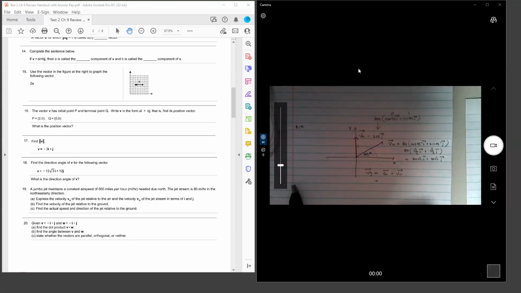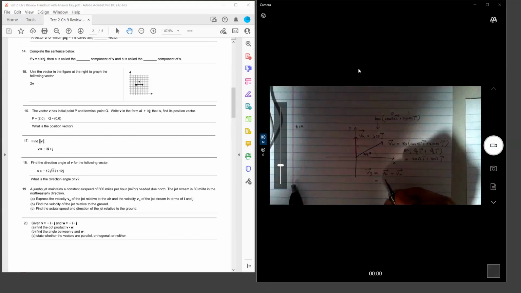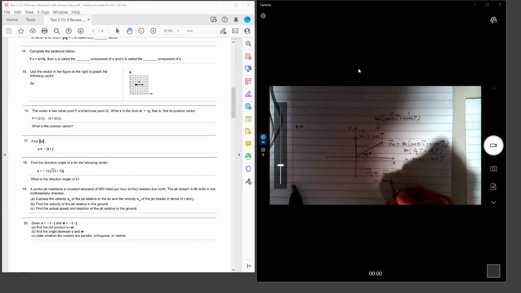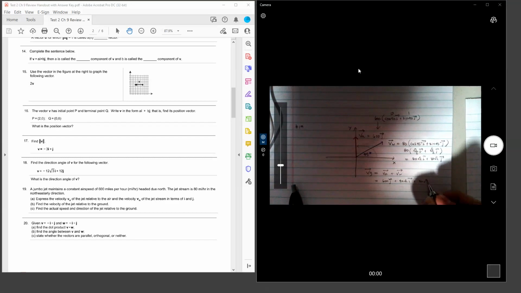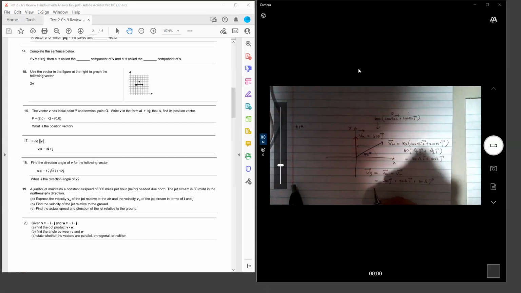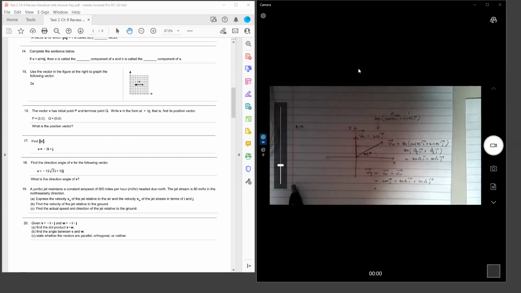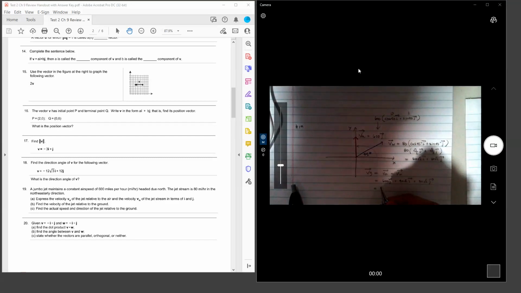That would look like this: 600j plus 40 square root of 2 i plus 40 square root of 2 j. And now I'm going to combine some like terms. I'm going to combine the j terms together. So we get 40 square root of 2 i plus (600 plus 40 square root of 2) j.